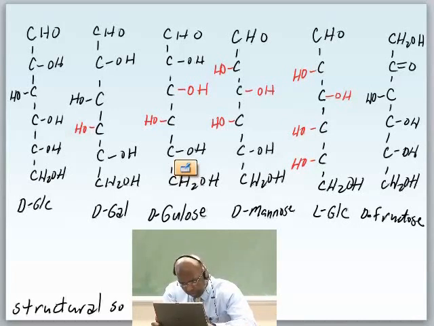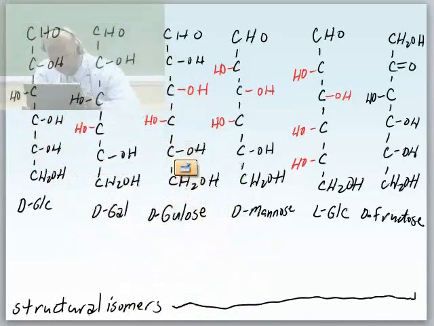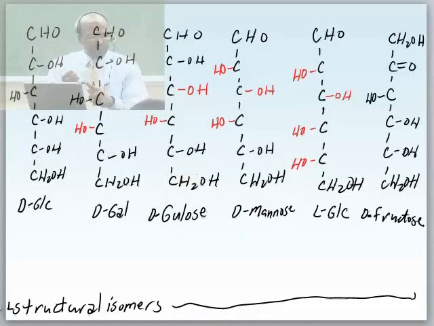All of these molecules are structural isomers of one another, because they all have 6 carbons, 12 hydrogens, and 6 oxygens. Is everyone okay with that?